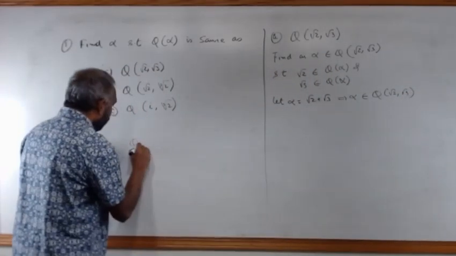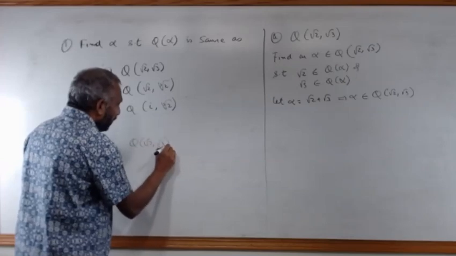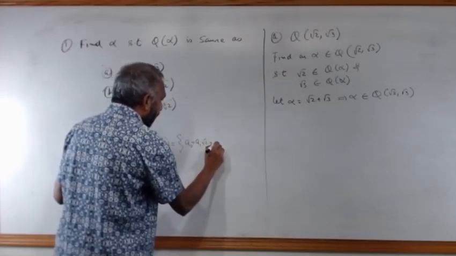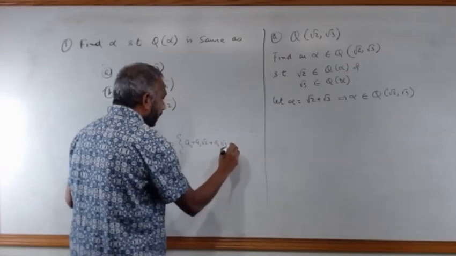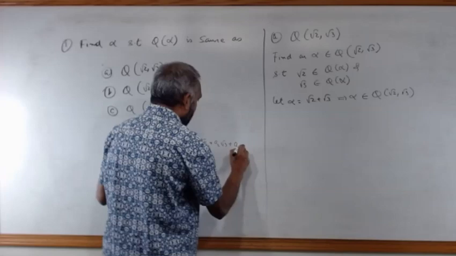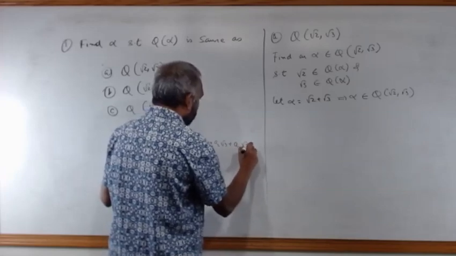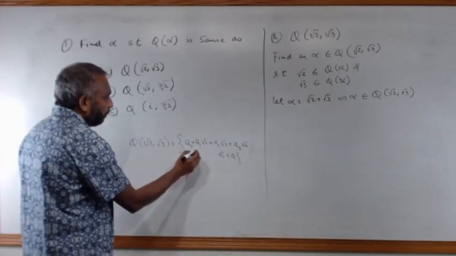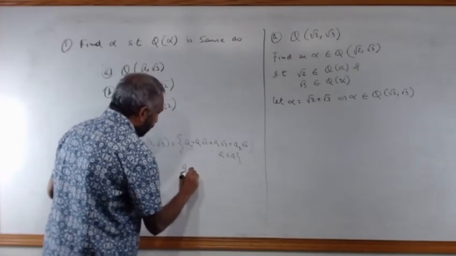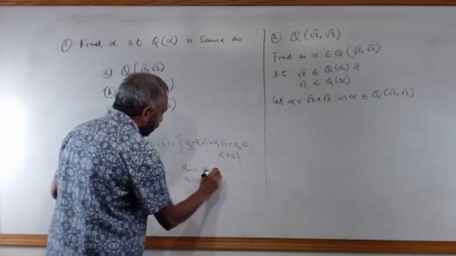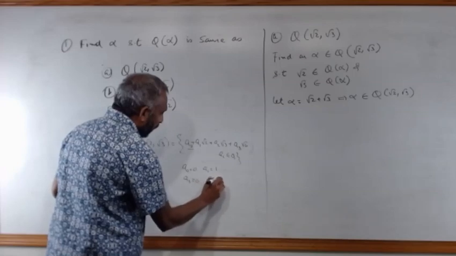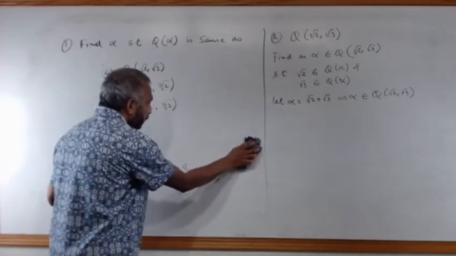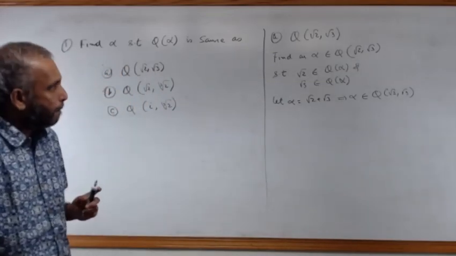What is Q(√2, √3)? It is equal to a0 plus a1√2 plus a2√3 plus a3√6, where the ai belong to Q. So definitely, taking a0 equal to 0, a3 equal to 0, a1 equal to 1, a2 equal to 1, that means √2 plus √3 belongs to this. So the first part is done.